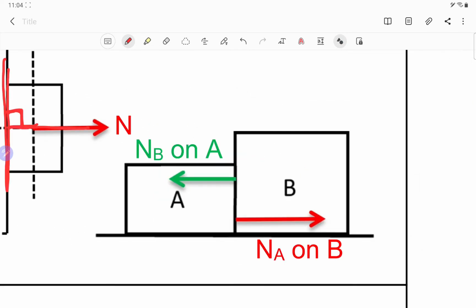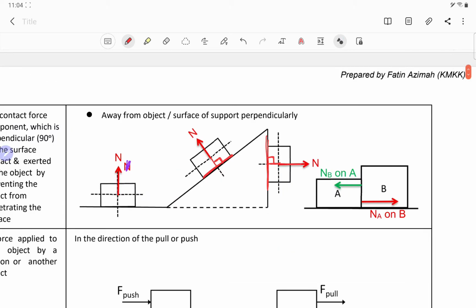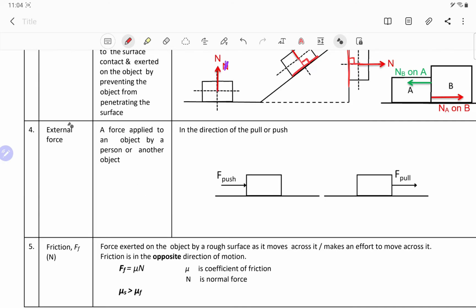Okay, when we have two objects in contact in this position, object A, dia akan menyebabkan normal force pada objek B, dan objek B akan menyebabkan normal force pada objek A. So the keyword over here, normal force will exist when two objects are in contact, bersentuhan. And then external force could either be pull or push.